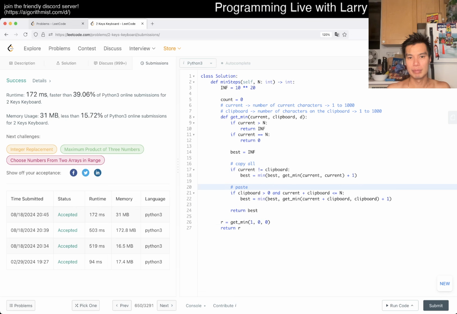Yeah, and you would do a branch and bound if current is, we return. What do we return? I guess we return D. And then here you just do D plus 1 instead of having it here, right?